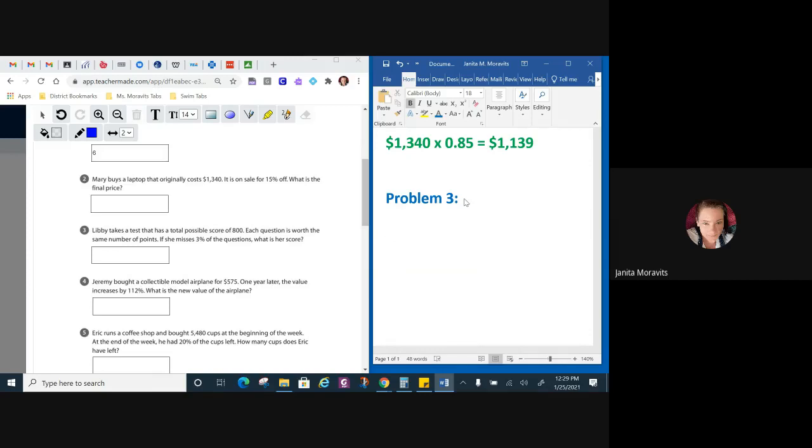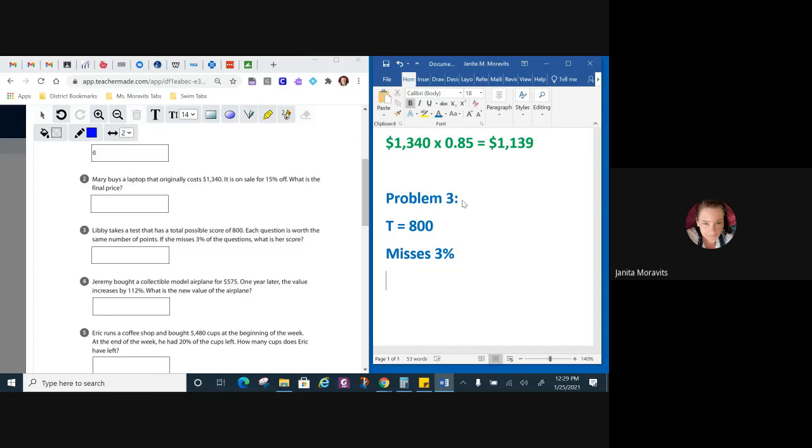If she misses 3% of the questions, what is her score? Well, we have the total possible, which is equal to 800. She misses 3%. So how many did she get correct?